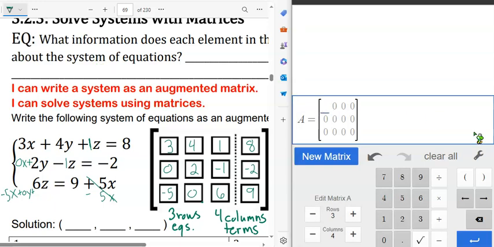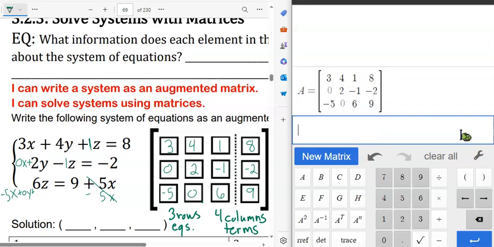And then from there, we'll just type in those numbers and press enter.